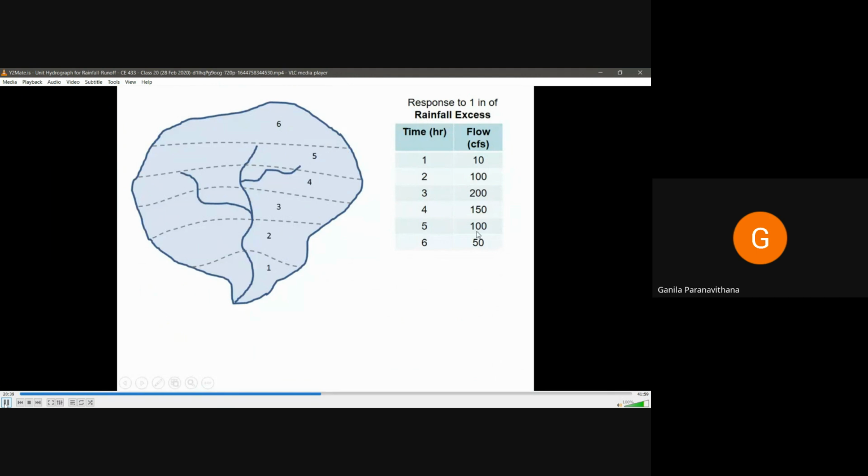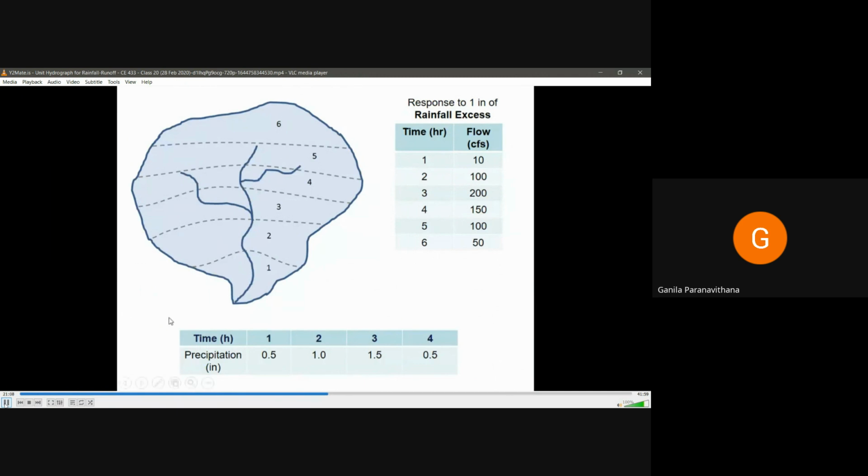So that's why we only see it at hour 6, because of the lengthy travel times through the watershed. So just to say it one more time, this is the response to a storm that occurs in just 1 hour. From time 0 to time 1 is when the rainfall excess occurred, and then we have it draining the watershed over 6 hours. So the question is, what if we have a storm that's more than a single hour?